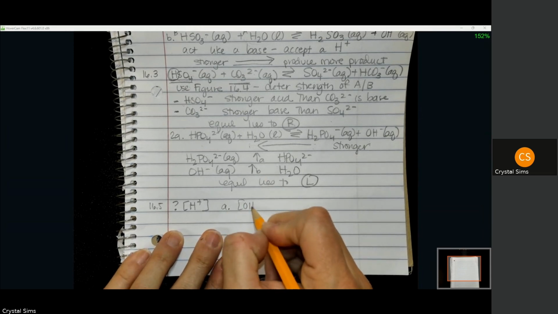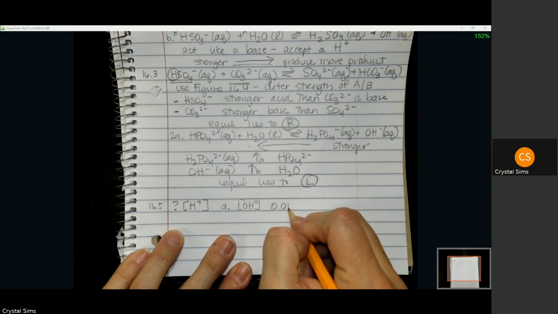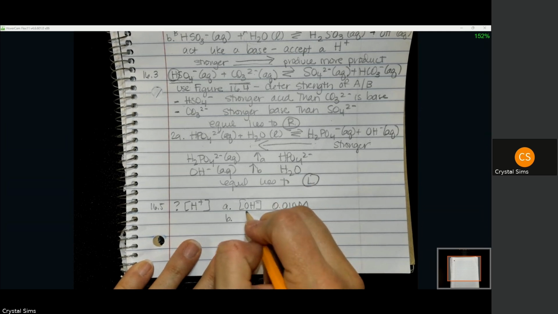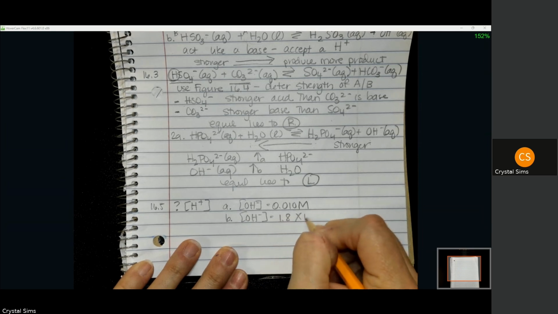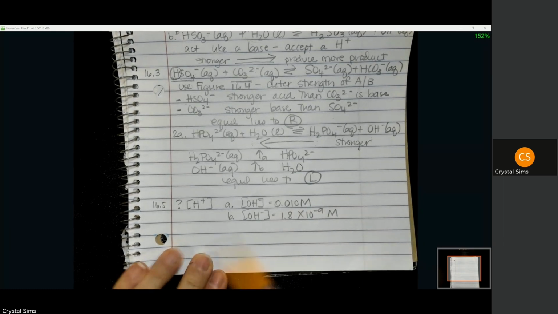One in which our hydroxide concentration is 0.010 molar, and another when that hydroxide ion concentration is 1.8 times 10 to the negative 9. And we're trying to figure out, okay, what is our hydrogen ion concentration?